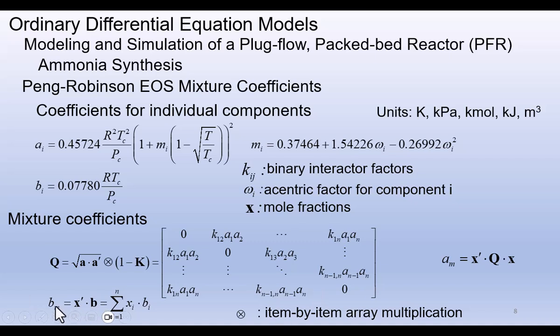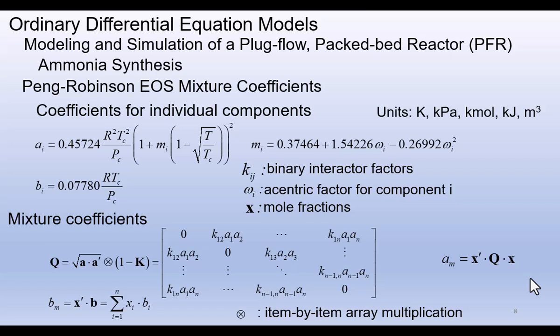And then the B mixture coefficient can be obtained quite simply. So we then have that the A mixture coefficient is given by this particular quadratic form of our composition times this Q matrix times the composition. So that's how we come up with the mixture coefficients.